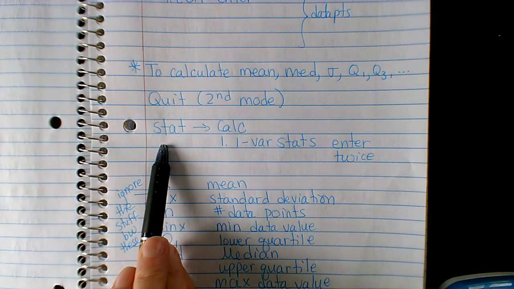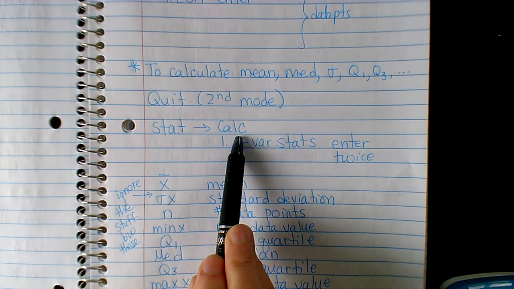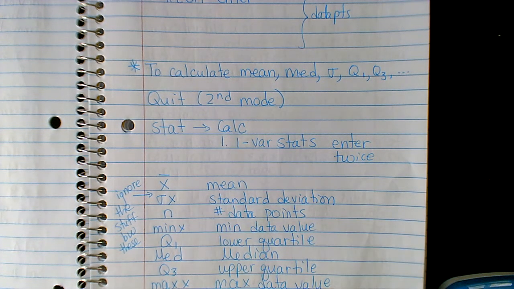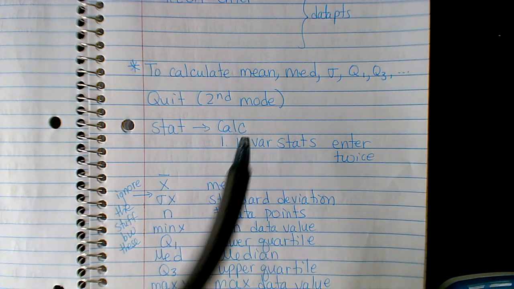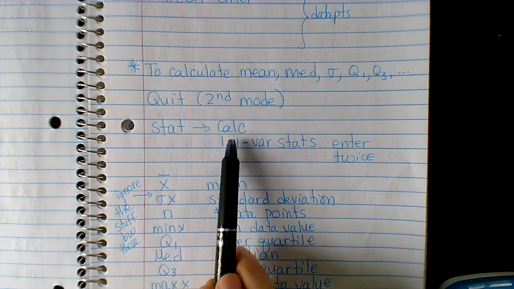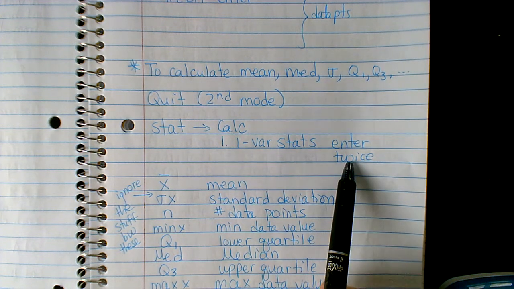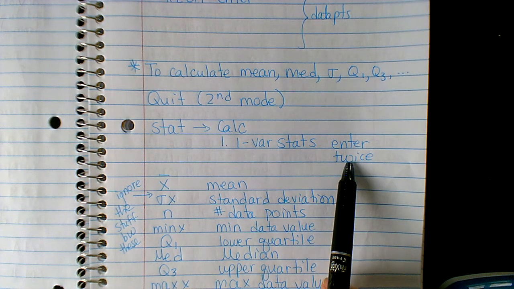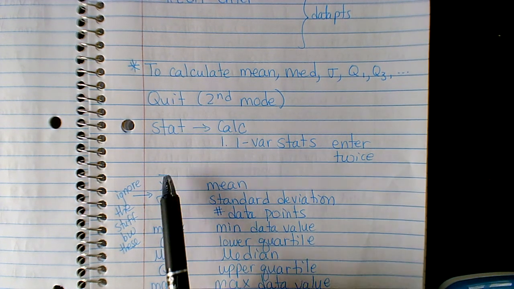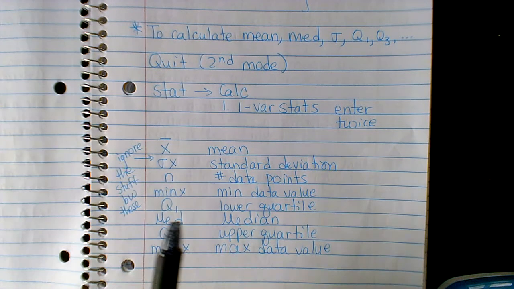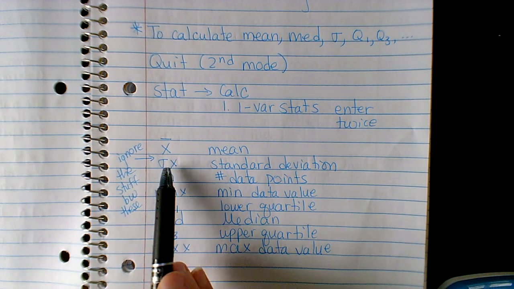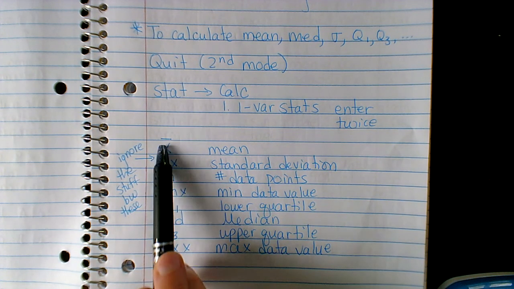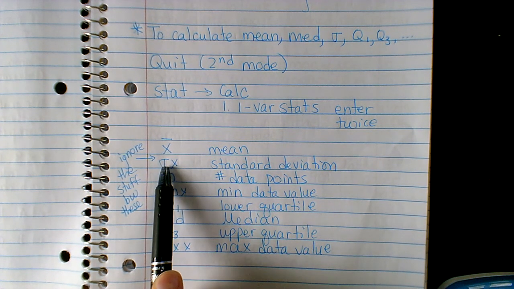So we can go to Stat, over to Calc, sorry, lost in thought there for a second, and then down to one variable statistics and hit Enter twice. Then here's what you're going to get, all right? Now, I wrote this, ignore the stuff between these, okay? There's going to be a bunch of stuff between this mean and the standard deviation.